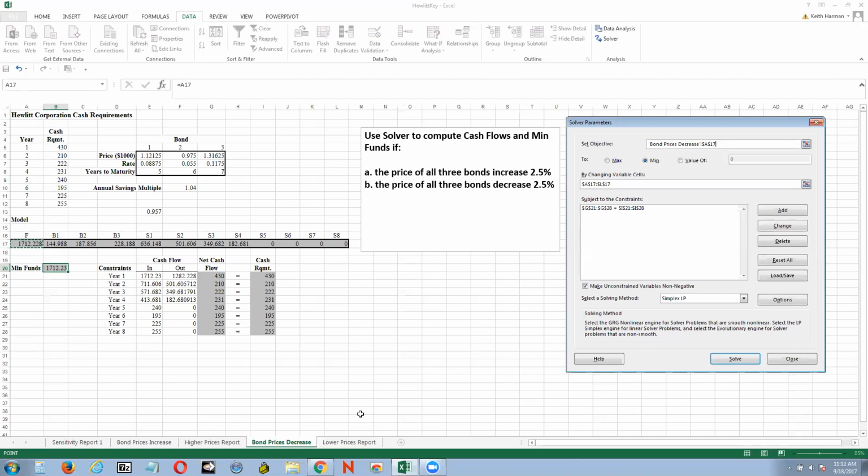And I'll take you back over to page 210, really to 211, where they walk you through the solution of Hewlett, and they show it to you in Excel. They walk you through the decision variables, the objective function, the left-hand sides of the equation, the right-hand side.